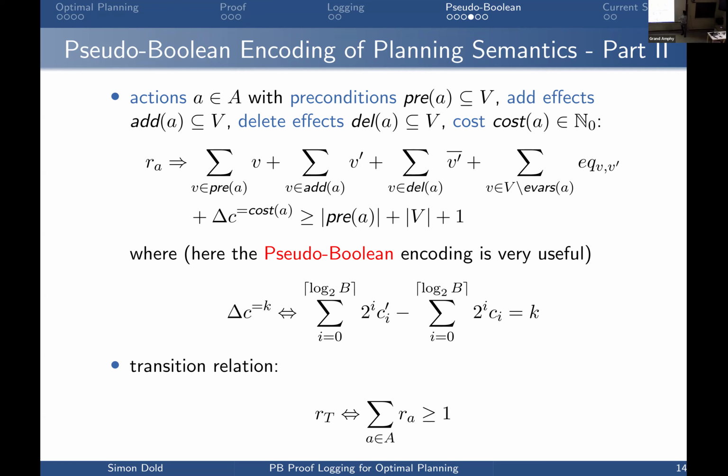And then I can just subtract the one from the other to get this difference that should correspond to the cost of this action. And in the end, after I did this for all the actions, I'm having one variable that represents that I am doing a legal transition. And I'm doing a legal transition if one of the actions is applied.